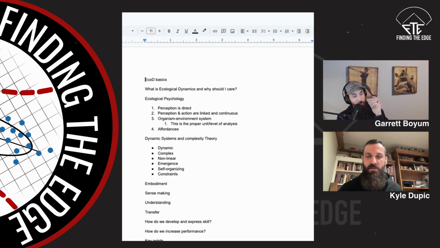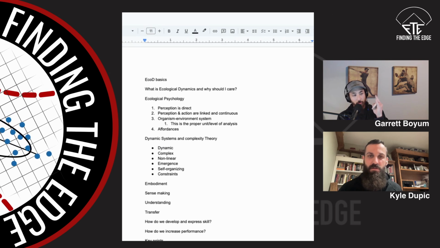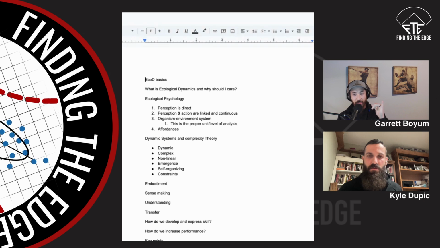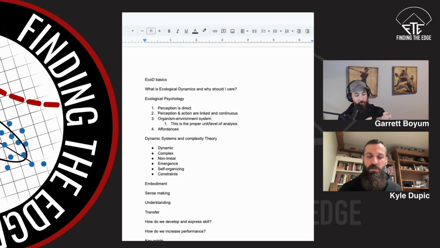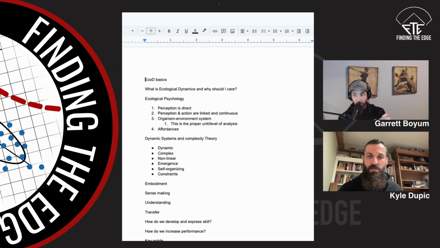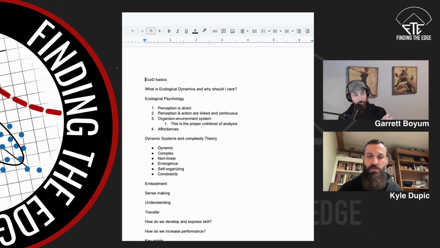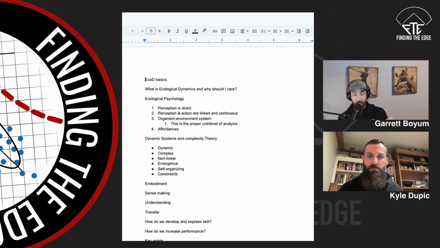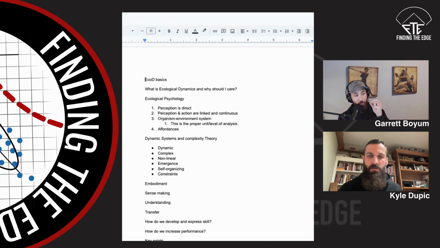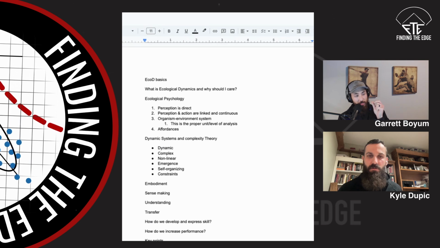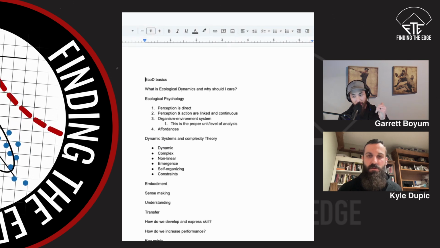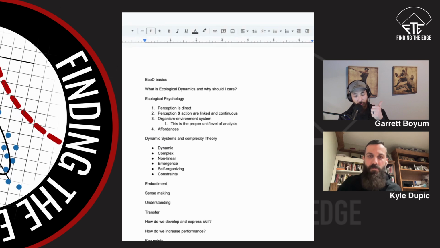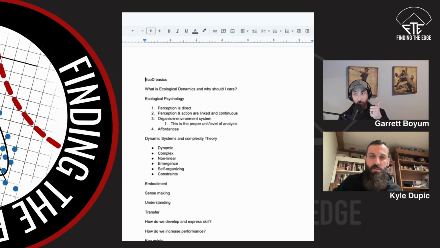Okay. So ecological dynamics is two disciplines merged together. You have ecological psychology and dynamic systems theory, and their key concepts are being brought together here. One of the main core tenets of ecological psychology is the organism-environment relationship, and that this is the proper unit or level of analysis.